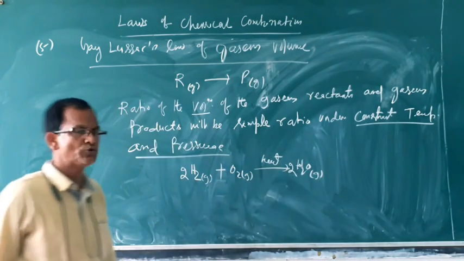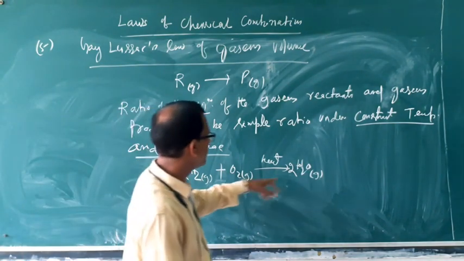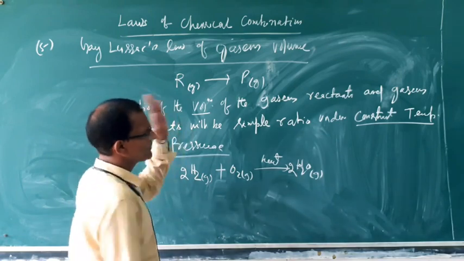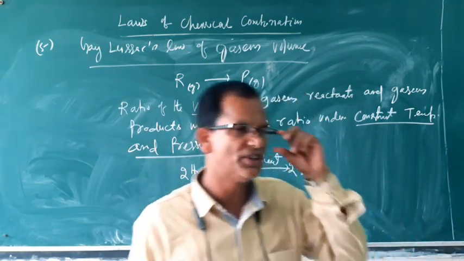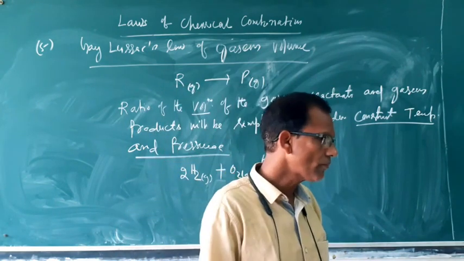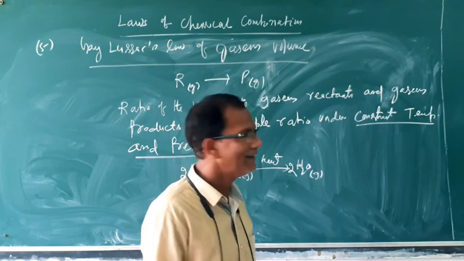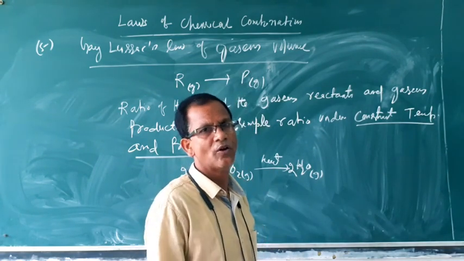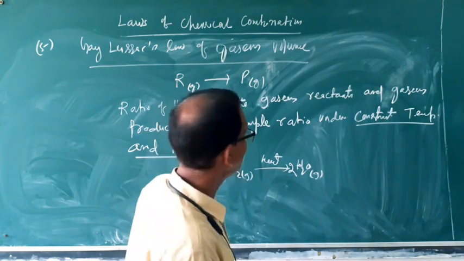This is the actual balanced equation: 2H2(g) plus O2(g) producing 2H2O(g). If temperature and pressure are constant, you have to remember, we will discuss later, when temperature and pressure are constant, equal volume contains equal moles of gas.